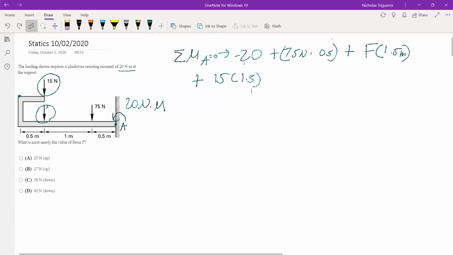Okay, so let's see what we get for F, including 15 and not including 15. Let's see what the answer is. So we have F. Negative 20 plus 75 divided by 2 is about 37.5.